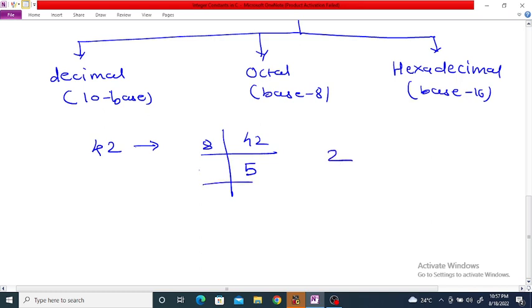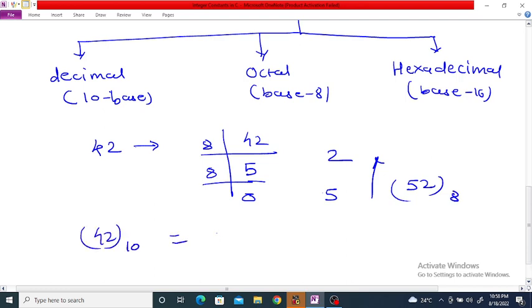Again, if we divide 5 by 8, the quotient is 0 and the remainder is 5. So if we write this number in octal base, it is 52. So 42 is given in decimal and its octal representation is 52.